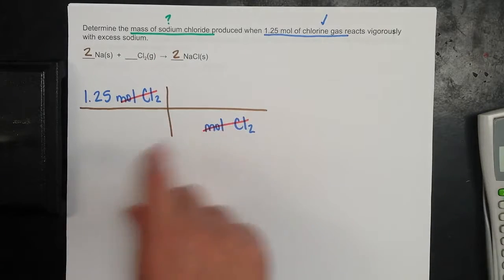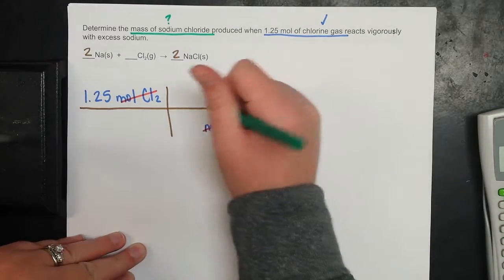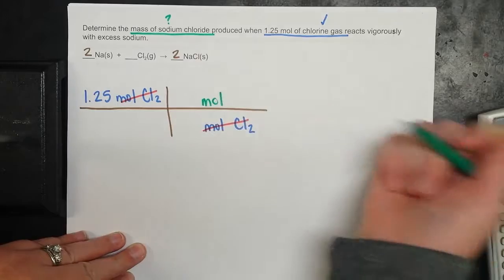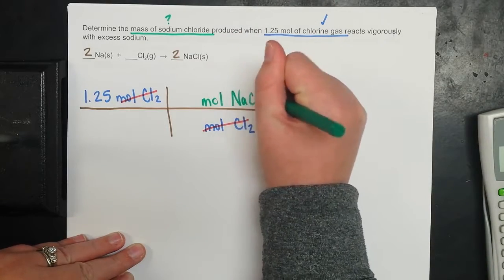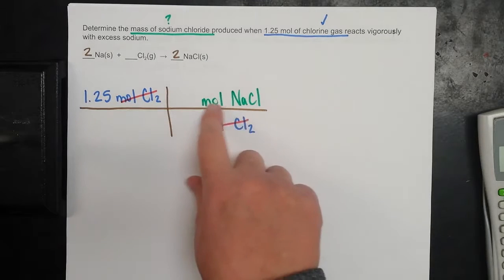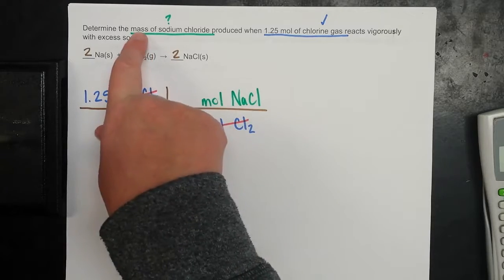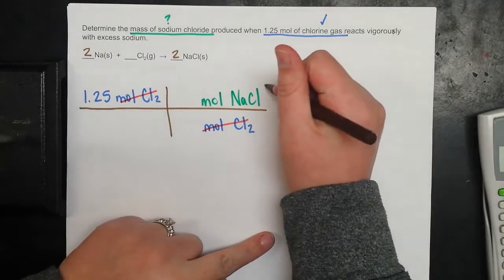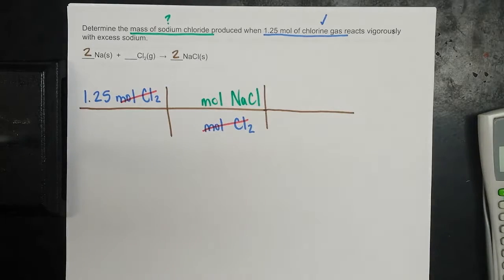So here, I know that I can use my mole ratio, so I'm going to go ahead and say if I'm getting out of moles of one thing, I can get into moles of another. That other thing I'm asked to find is sodium chloride. And right here, this would leave me with the units moles of sodium chloride. However, I've been asked to find the mass. So since that's not what I want to find, I'm going to do some more dimensional analysis.